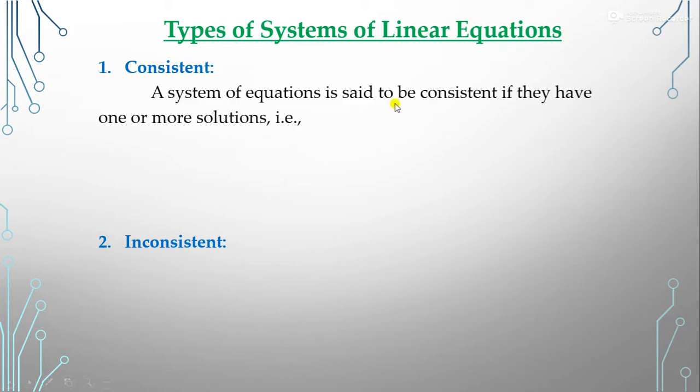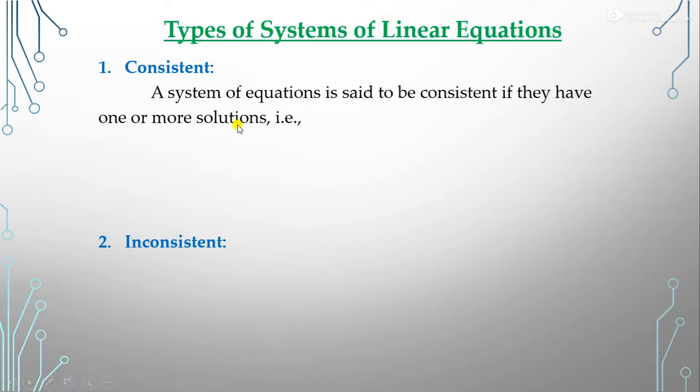If a system of equations has one or more solutions, then we say the system of linear equations is consistent. One or more means we have a unique solution or an infinite number of solutions. If any solution is possible, the system is consistent.